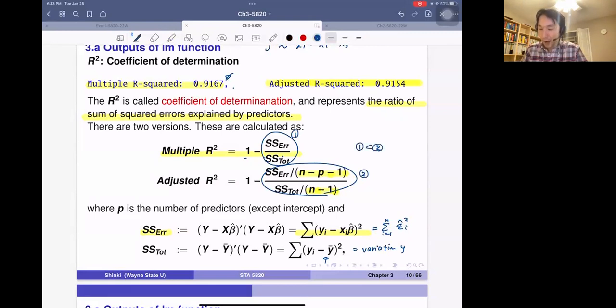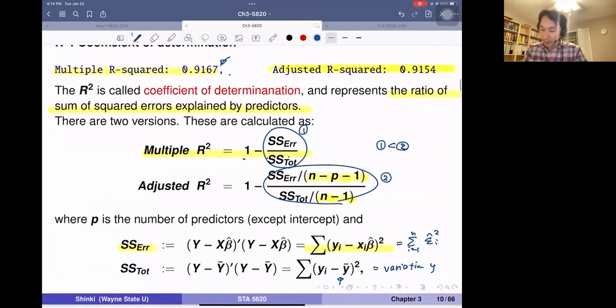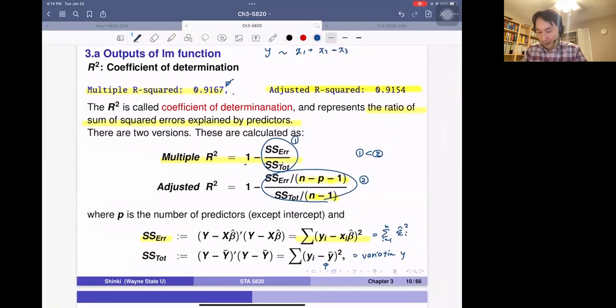Because we divide the numerator by a smaller number, the numerator gets relatively larger. Or you can see that this is SSE over SST times n minus 1 over n minus p minus 1. So this is always larger than 1. So it's larger than the first line, and that means 1 minus this value is smaller. So adjusted R squared is always smaller than multiple R squared.